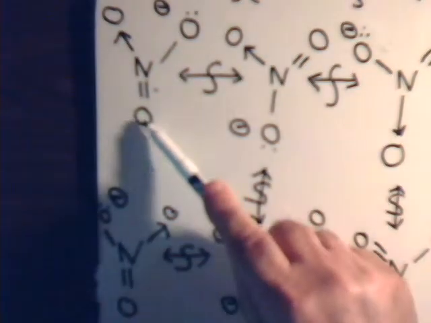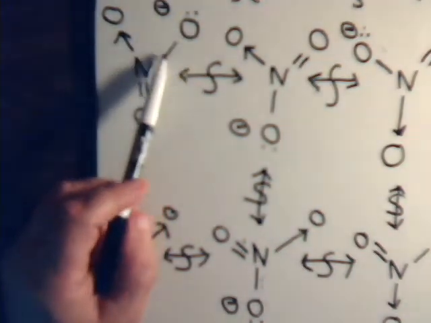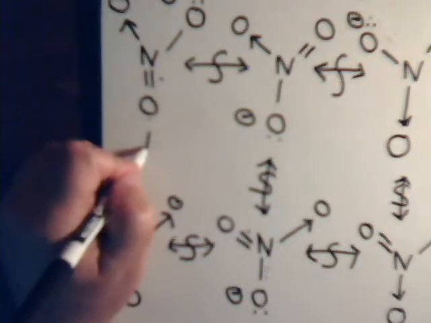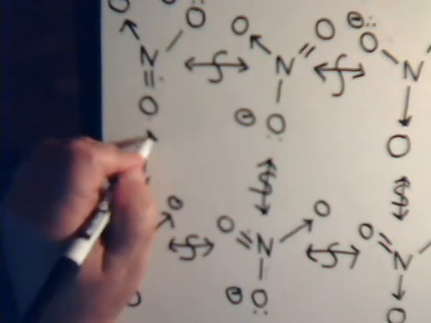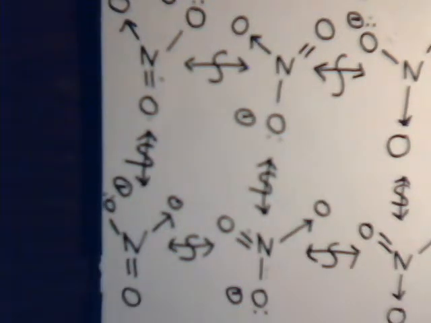Here, double bond at the bottom, coordinate bond to the left, single negative charge, single bond to the right. Same thing here, except this is on the right and that's on the left. That has been flipped around. These canonical forms are also symmetrical.